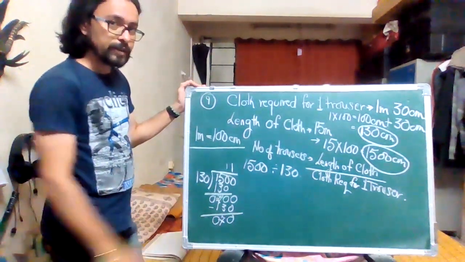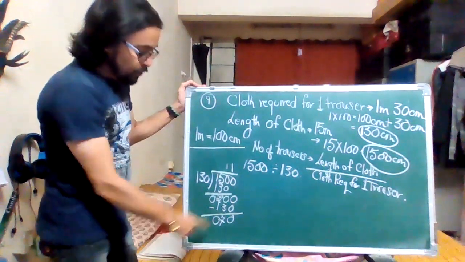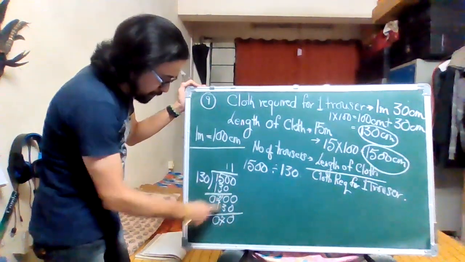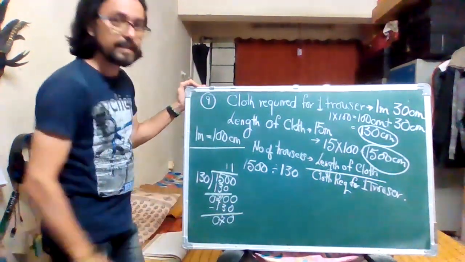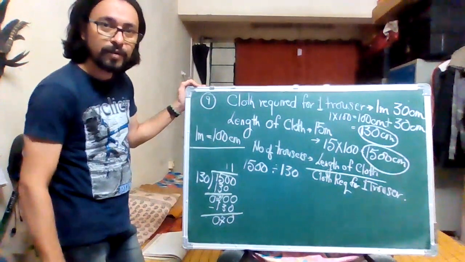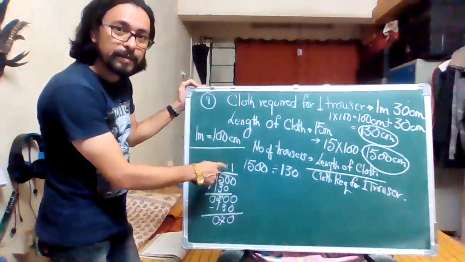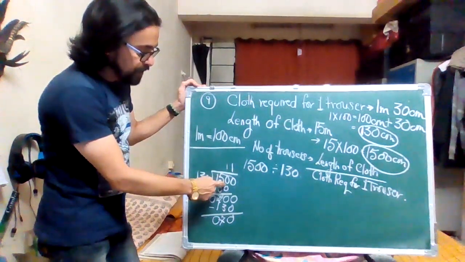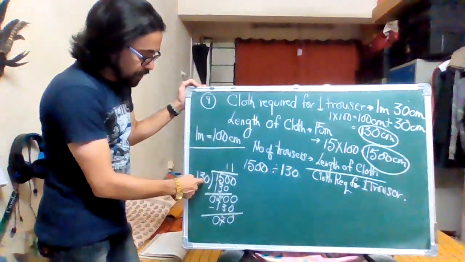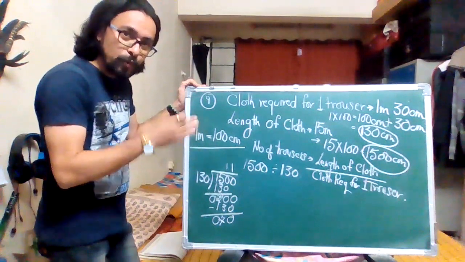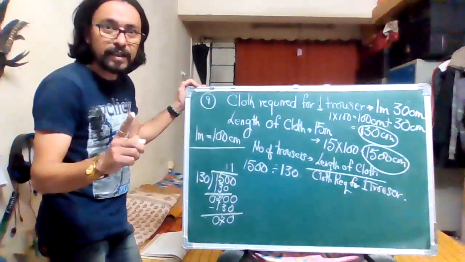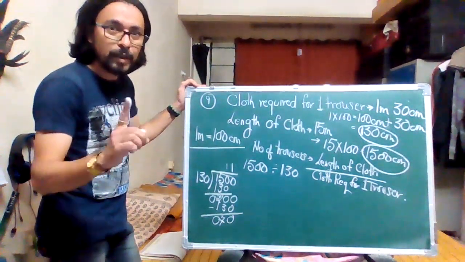Now I cannot divide any further. That's my remainder. So this is the remaining cloth that is left with the person, whoever is making the trousers. And how many trousers have been made? 11 trousers can be made when I divide 1500 centimeters of cloth into pieces of 130 each, because 130 centimeters is required to make one trouser.